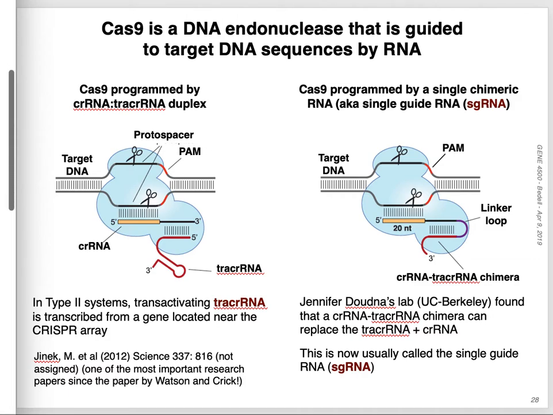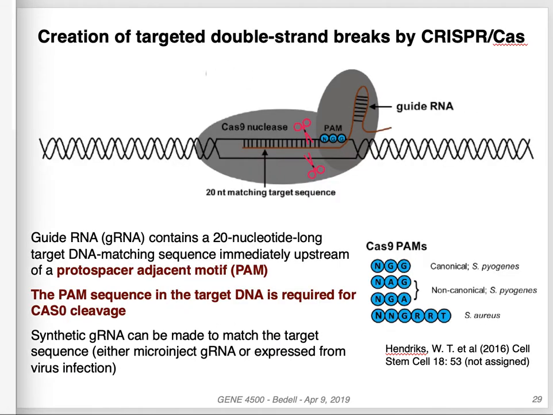Okay. So that was the beauty of it, and this is just another figure that I took from another review article. It's not assigned, but just telling you a little bit more. Now that PAM sequence is 3 nucleotides. And you think, well, on average, any given 3 nucleotides, especially when one of them can be any of the 4, okay, that's great. But that still has a limitation.